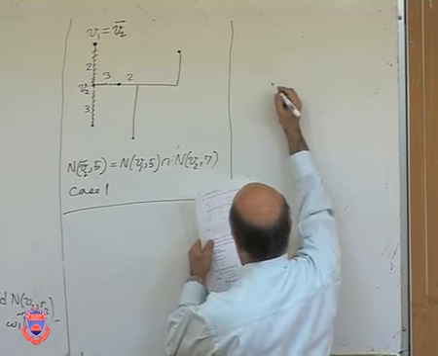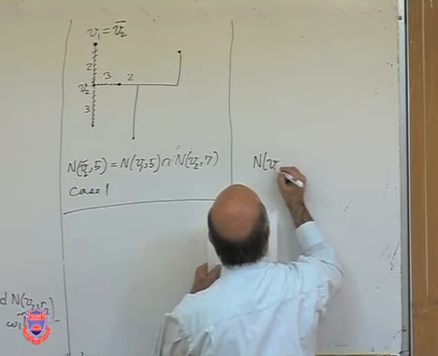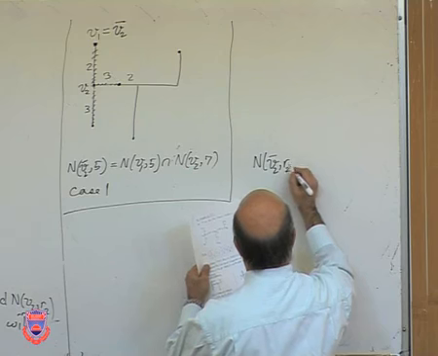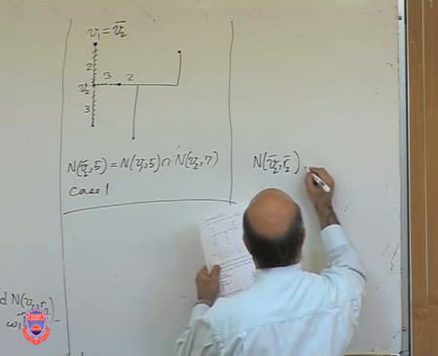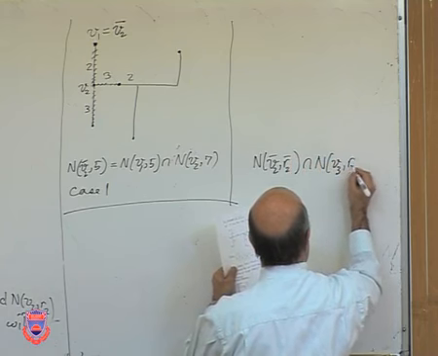Now I'm going to intersect neighborhood V2 bar, R2 bar with V3, R3.